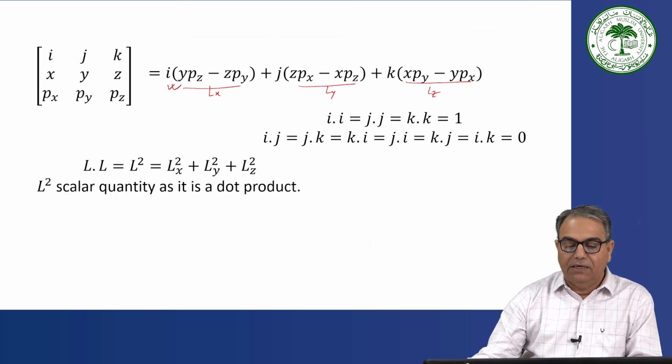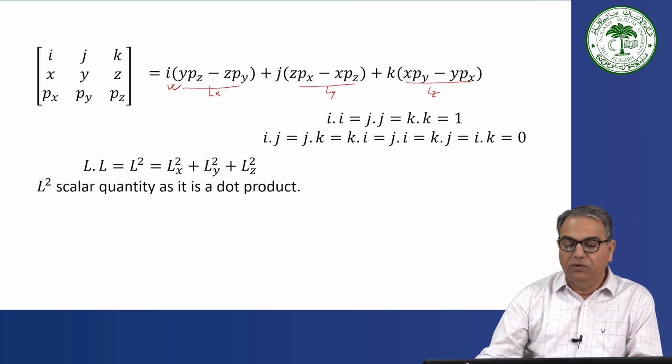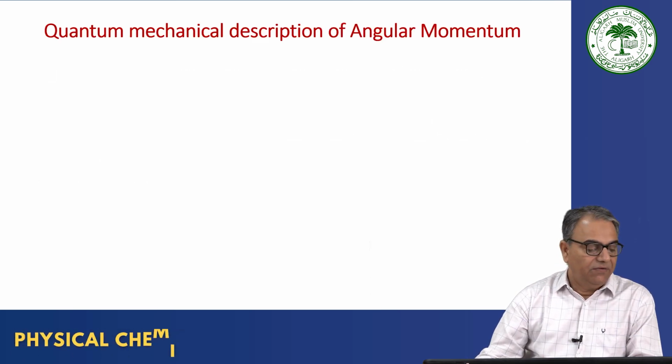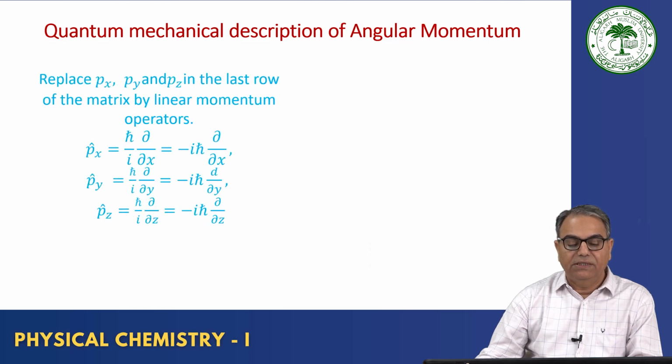Having done these classical concepts and learned the Lx, Ly and Lz values, we will go for the quantum description of angular momentum. Okay. If we talk about quantum mechanical concepts of angular momentum, what we do is replace Px, Py and Pz in the last row of the matrix by the linear momentum operator.